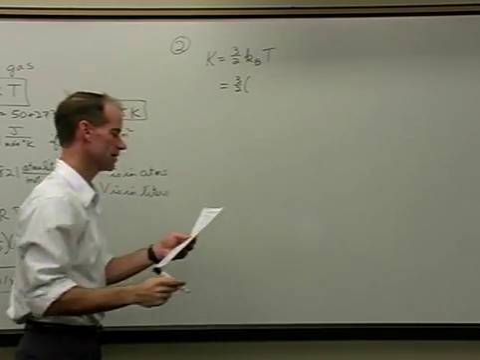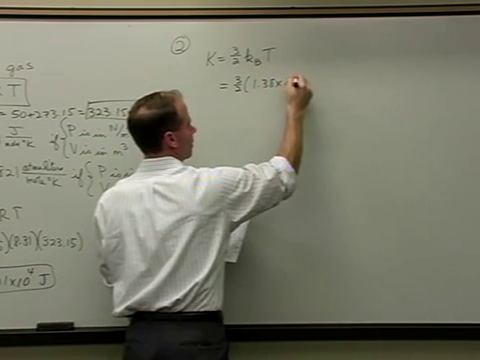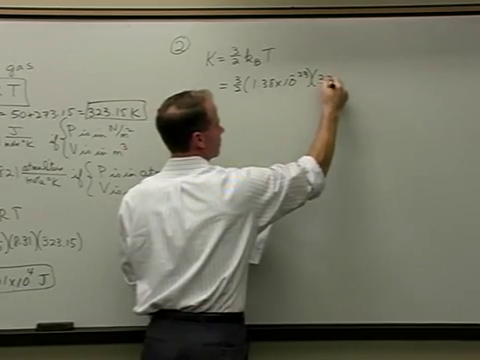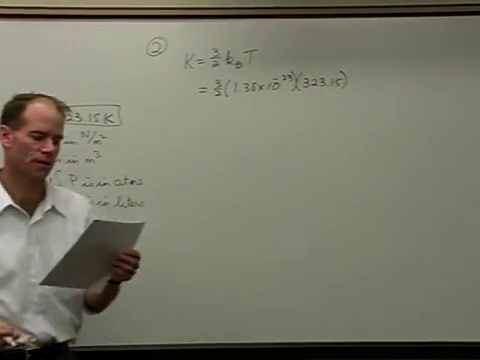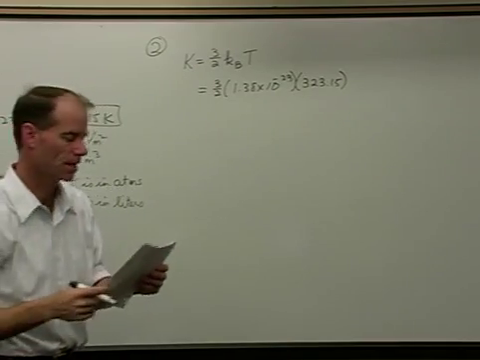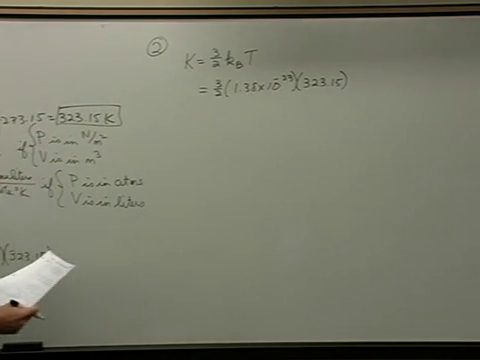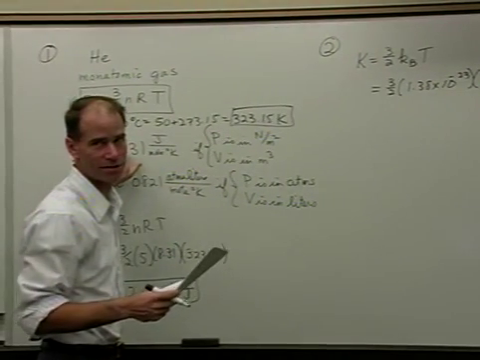The Boltzmann constant is 1.38 times 10 to the minus 23. And again, we have the same temperature as in the last problem, 323.15. This constant is actually the R constant divided by Avogadro's number.